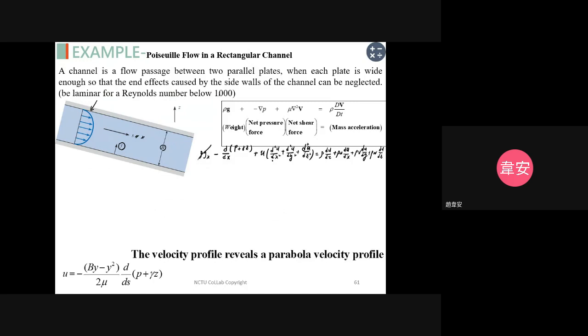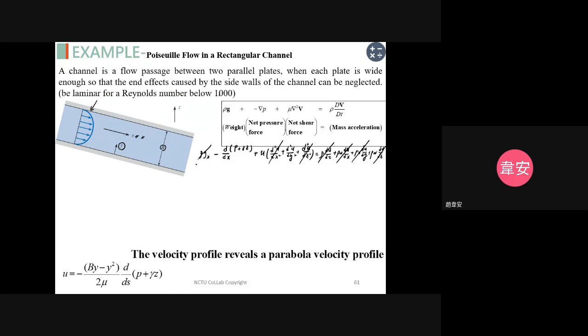So u is not a function of x and also not a function of z, so we cancel out the gradients related to x and z. This also satisfies the steady state flow, so we don't have these terms. And then we don't have any velocity along the y direction, so we don't have these terms.